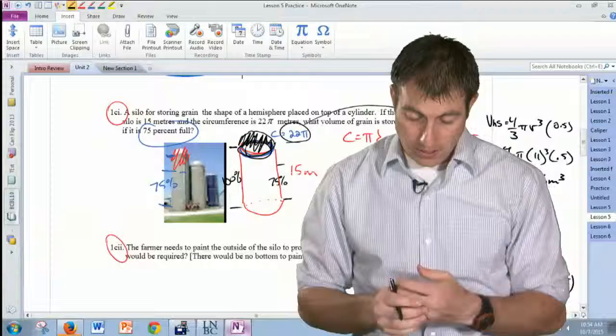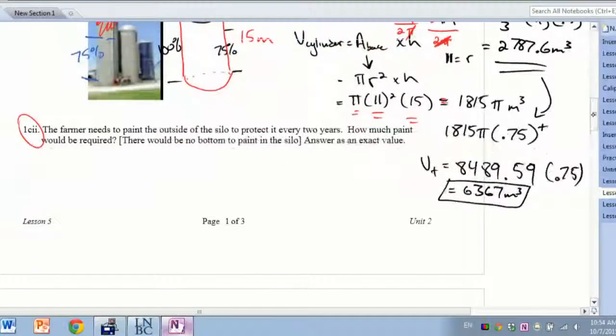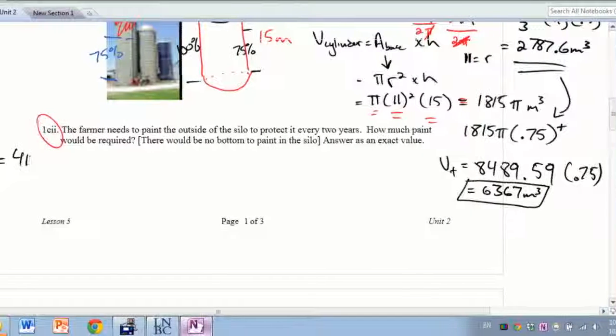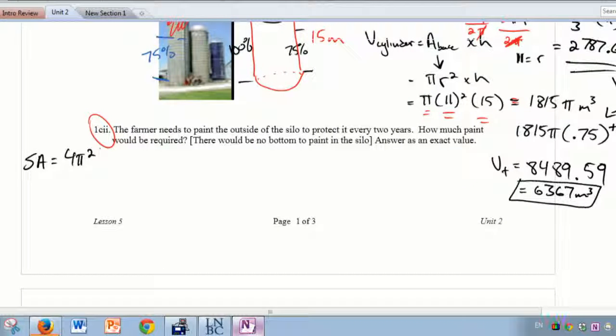So that's that. The second part of the question asks about the surface area. So I don't know if I'll have enough room to do it, but I'll start way over on the left here. Surface area, again, we have half a sphere. So 4 pi r squared is a full sphere. If we just wanted half of that, we're going to divide by 2 because we have a hemisphere.